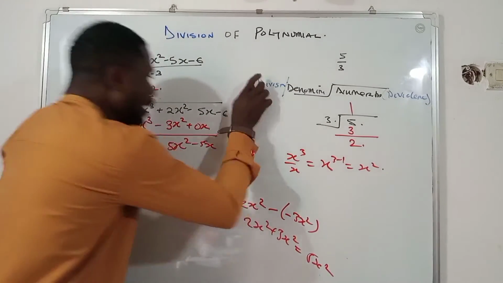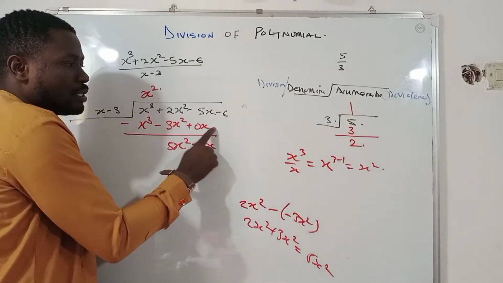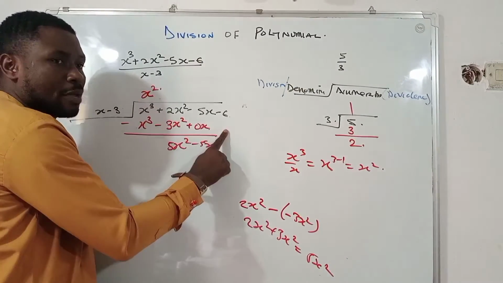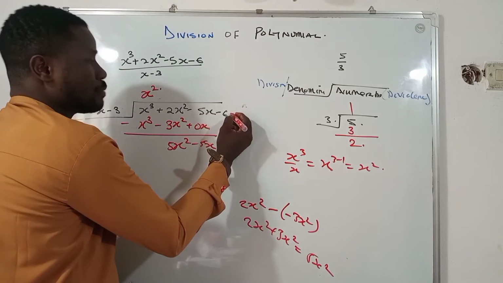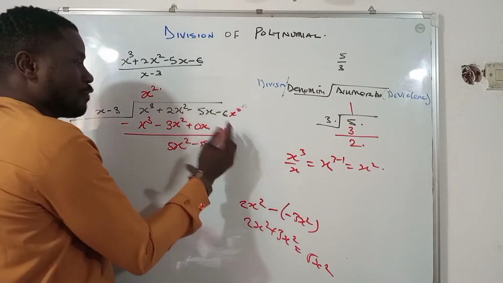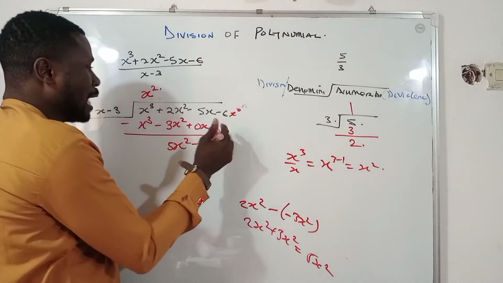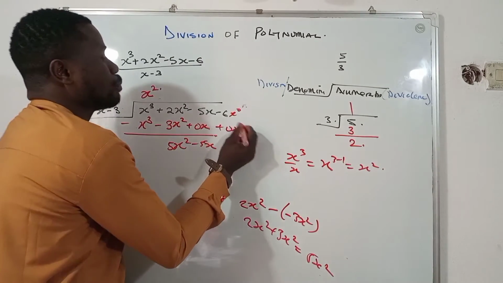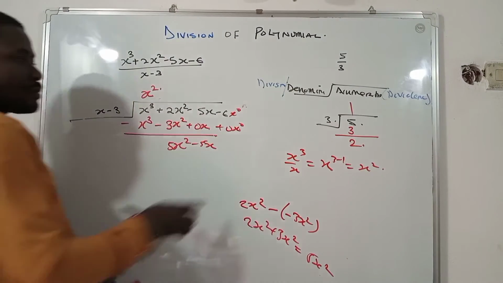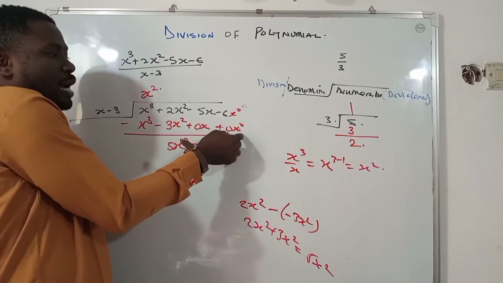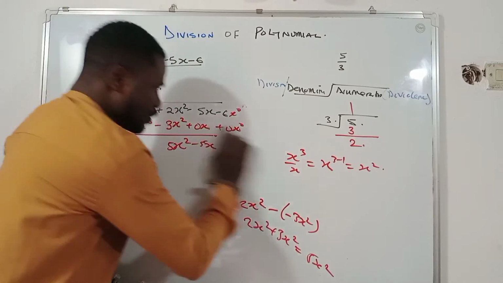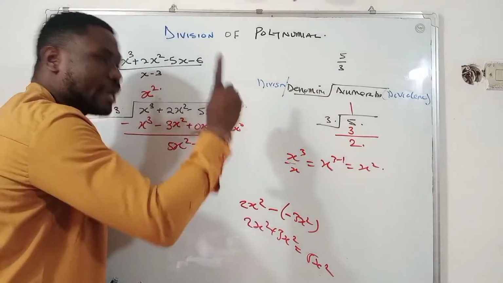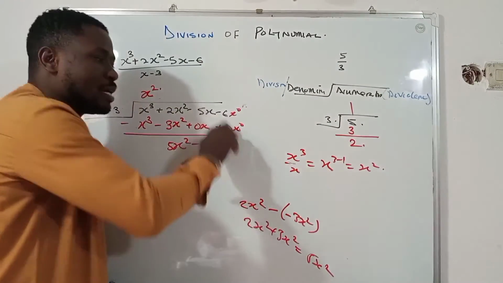So again, there is no like term here. I've just told you that minus 6 is the same thing as minus 6x raised to power 0. If I have to bring the like term here, it will be 0x raised to power 0. That is like nothing, because x raised to power 0 is 1, and 1 times 0 is 0.